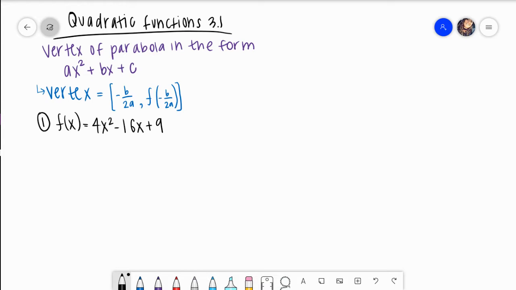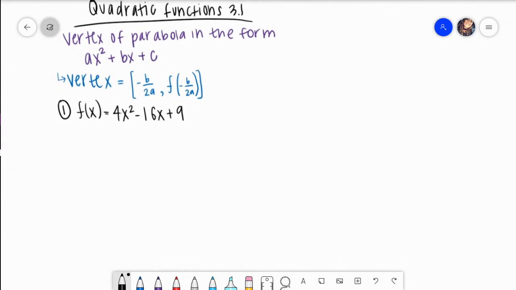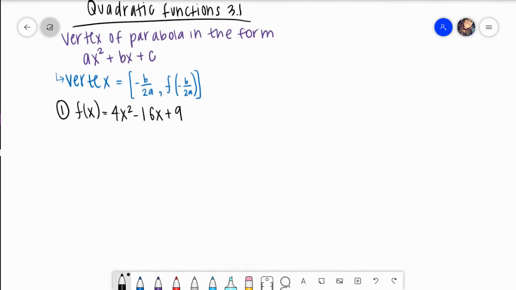So here's an example. Here I have f of x equals 4x squared, a negative 16x, and a positive 9. That is in the form that we're looking at. If you look at the formula that we use to find our vertex, I noticed that I need a b and I need an a.